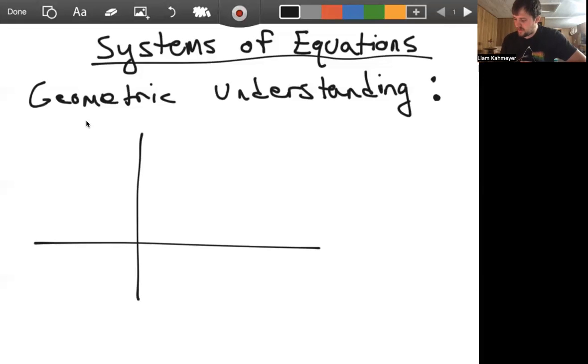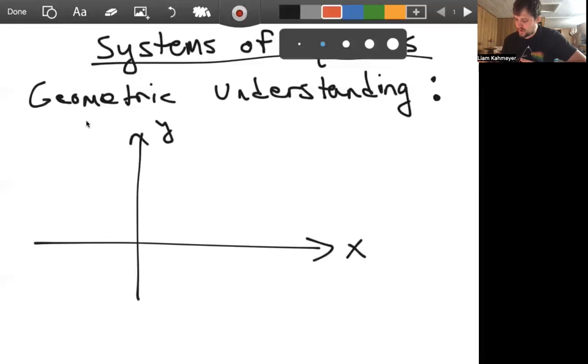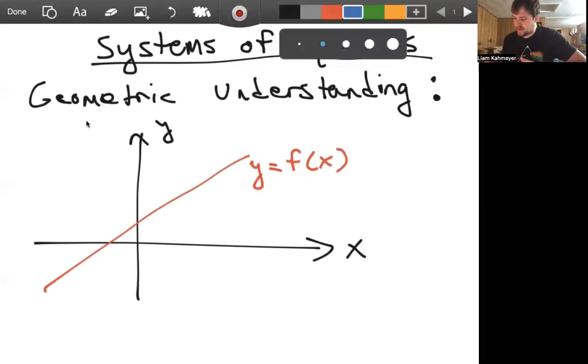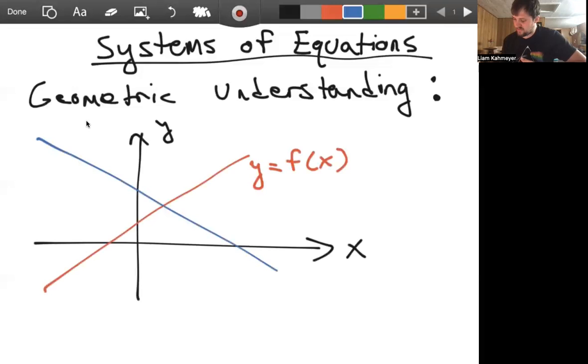So what we have geometrically, well, let's start with some linear functions. Let's say in red, we have one function, say y equals f of x. And then maybe in blue, we have another function, y equals g of x here.